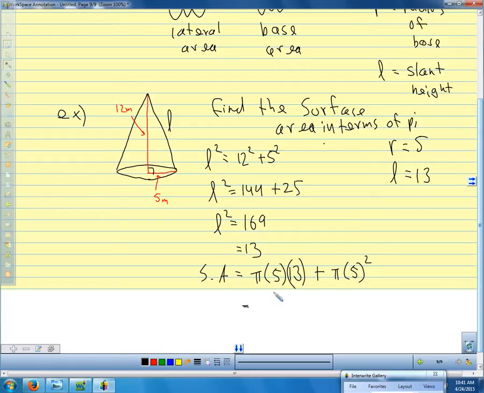So here we get 5 times 13. 5 times 13 is 65 pi plus 25 pi. So in terms of pi, we just add the numbers and leave the pi by itself, just like we'd say 65x plus 25x. So 65 plus 25 is 90 pi square meters. And that would be our answer in terms of pi.